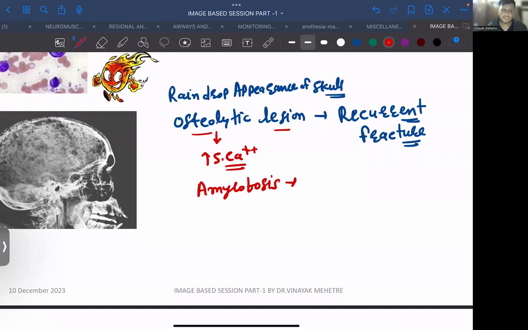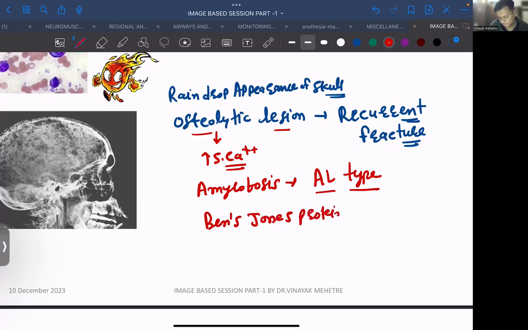Which kind of amyloidosis will be seen in multiple myeloma? AL type. Okay, which protein is going to be seen? Which protein is found in it? Bence Jones protein. Bence Jones protein, right? Yes, Bence Jones protein.